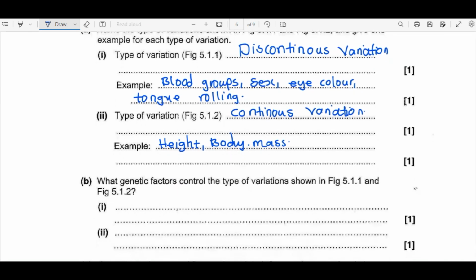Then question B, what genetic factors control the type of variation shown in figure 5.1.1 and 5.1.2? So for 5.1.1, these are just the genes. So we have genes, they are responsible. Then for 5.1.2, we have environmental factors.